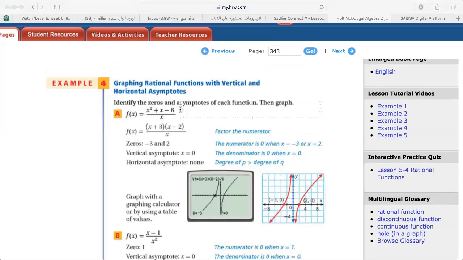The degree here is 2, and the degree here is 1. So the degree of p is greater than the degree of q, so there is no horizontal asymptote. Horizontal asymptote is none.